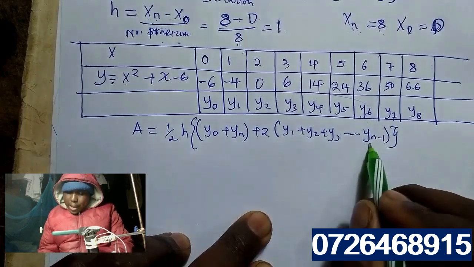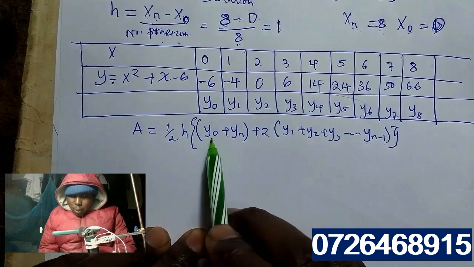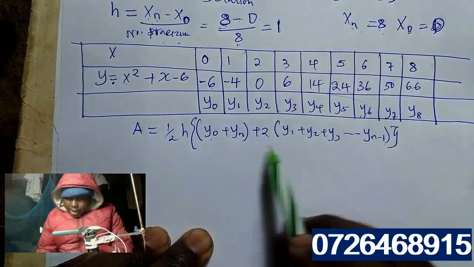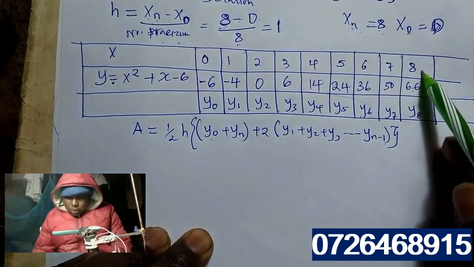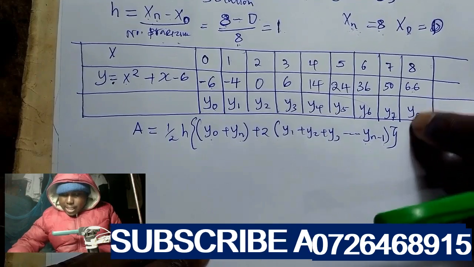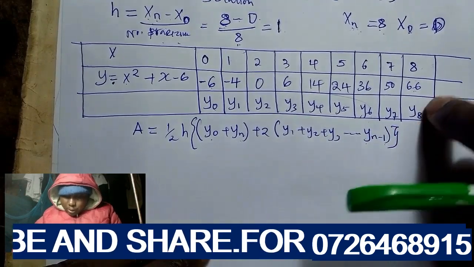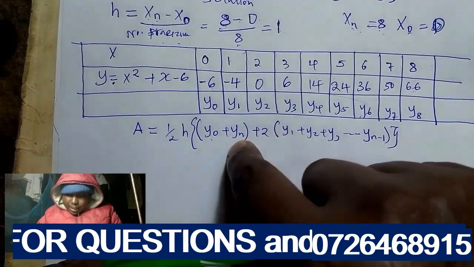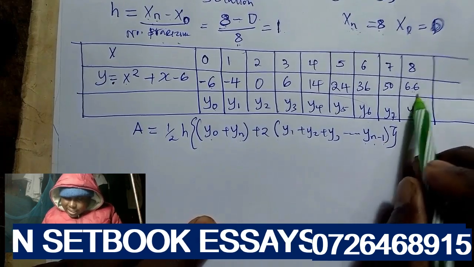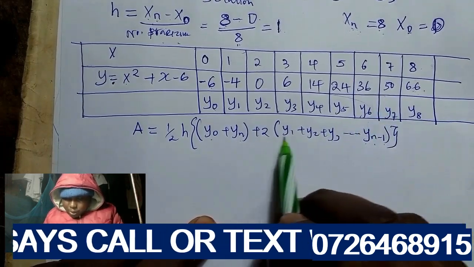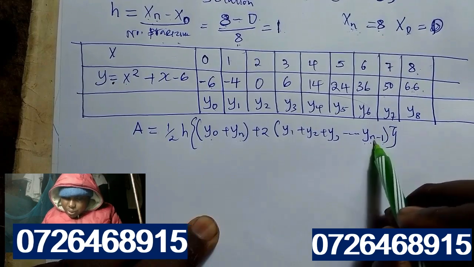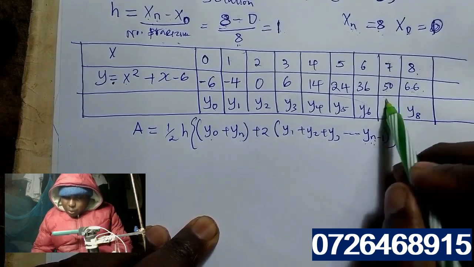Now I want to explain what yn minus 1 means. Y naught is the first y, so it is negative 6, it is 6. Yn is the last one, the one at 8 here. Y8 is yn, so here we are going to put the value of y8. So yn minus 1, n is 8, so minus 1 is 7. It means in this formula we put the values of y inside until we reach 8 minus 1, which means 7. We get to 7 and we put 8 again.